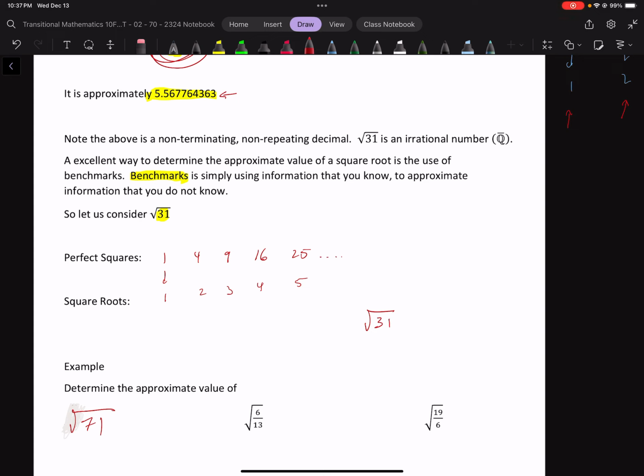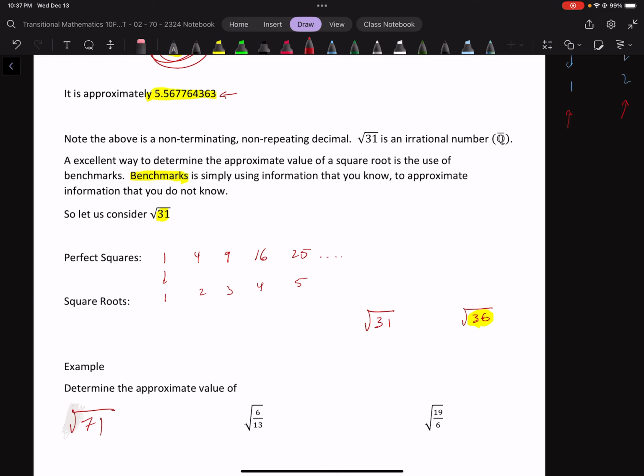But I do know the square root of 36. In other words, I take this radicand and I choose, if I can, the next highest perfect square. Now, there are some subtleties to this, but the next highest perfect square to 31 is 36. I know that number.